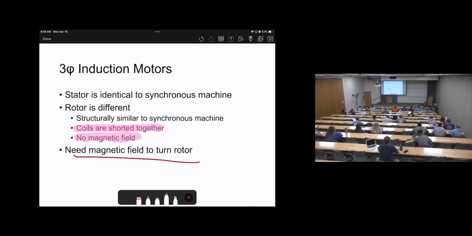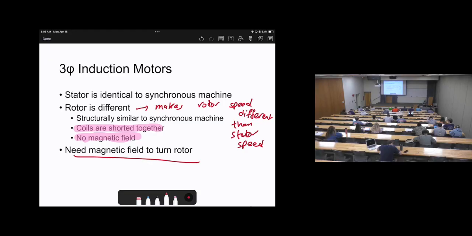So here again, the rotor is different. This makes the rotor speed different than the stator speed. In the synchronous, for rotor and stator, we used to say they are the same speed. We didn't say rotor speed and stator speed.